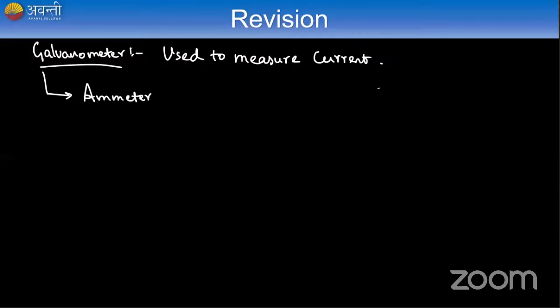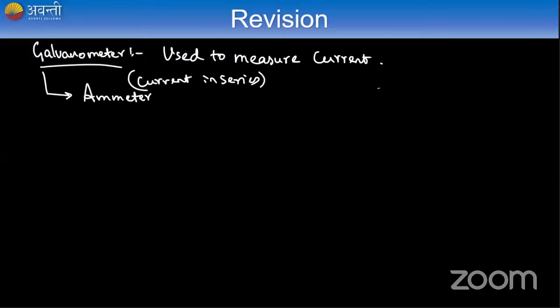Fill in the blanks: we measure current in dash. Of course, series. Yes, super, guys. So always we measure current in series, so we connect the ammeter always in series.